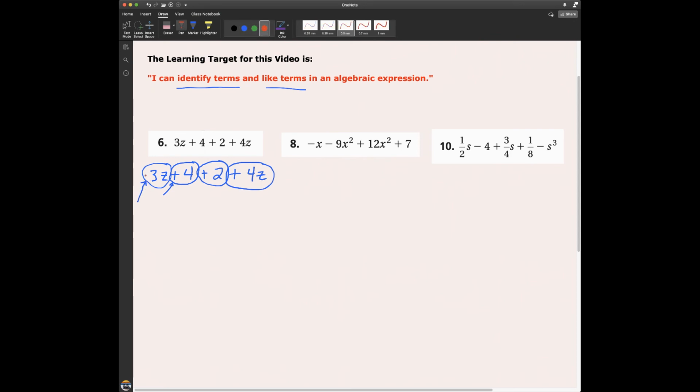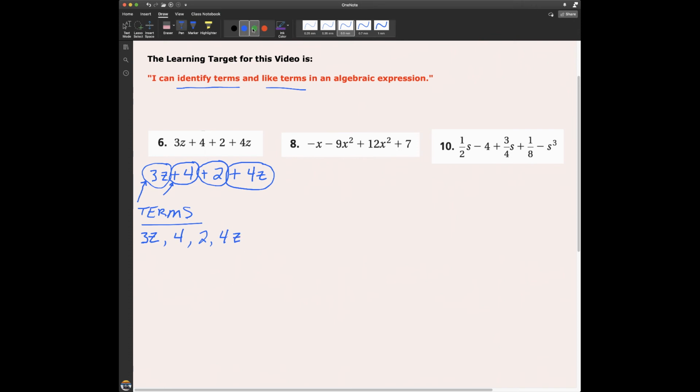If there was, this term would be negative 3z. But since that's not there, this term is just 3z. So let's list these terms: 3z, positive 4, positive 2, and positive 4z.